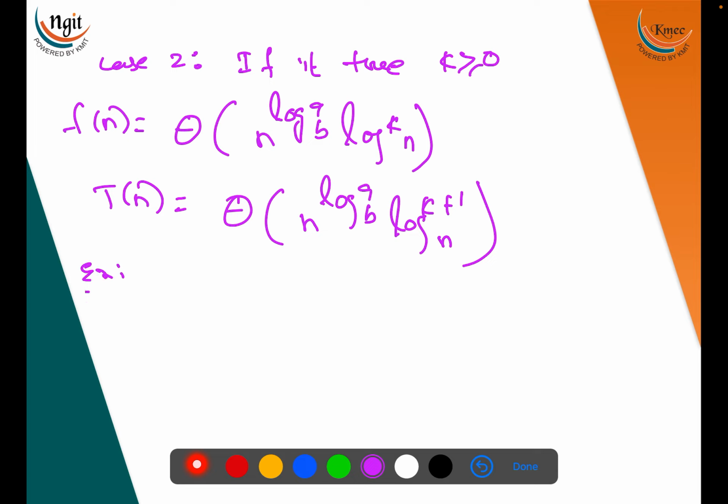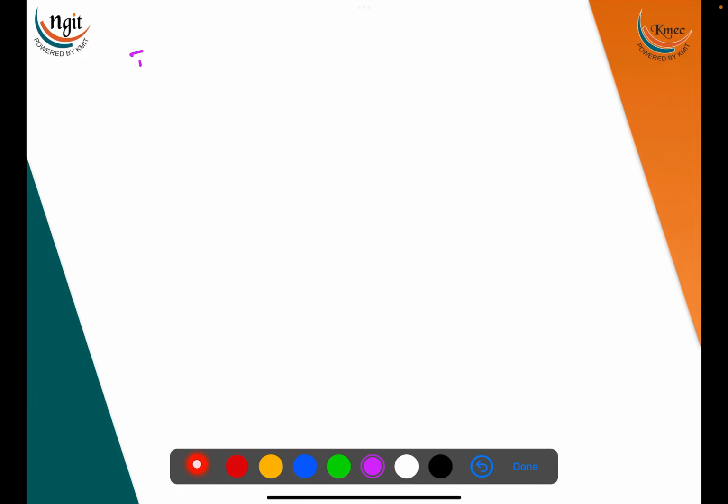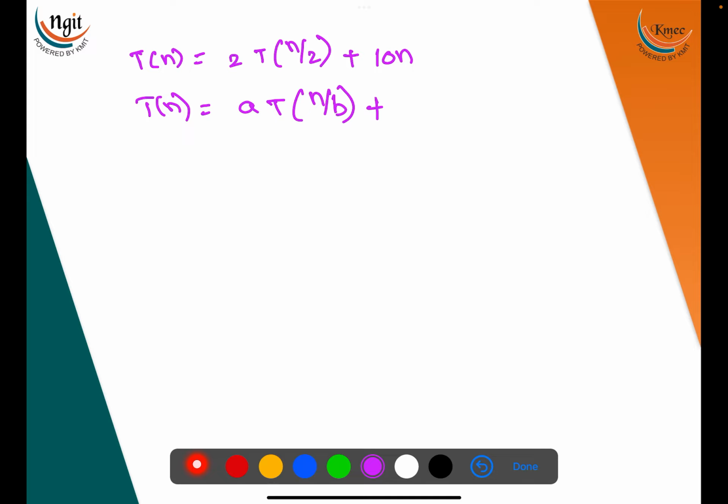Now we'll see an example to satisfy the second case. Assume that T(n) is equal to 2T(n/2) plus 10n. Now again we'll compare the function. Compare T(n) equal to 2T(n/2) plus 10n with the standard master theorem, T(n) equal to a T(n/b) plus f(n), where a is greater than or equal to 1 and b is greater than 1.